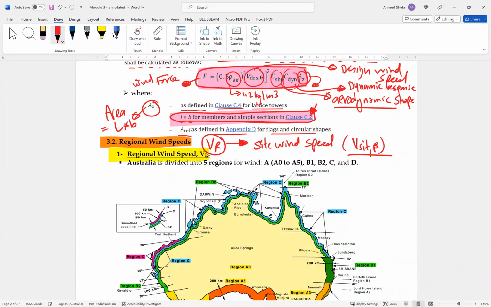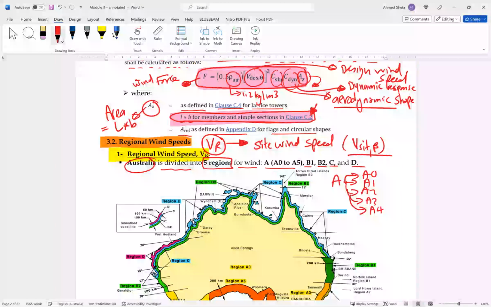depends on the fact that Australia is divided into 5 regions for wind: A, B1, B2, C, and D, where A is divided into A0, A1, A2, A3, A4, A5, and then B1 and B2, then C, then D. So we have 1, 2, 3, 4, 5 regions.